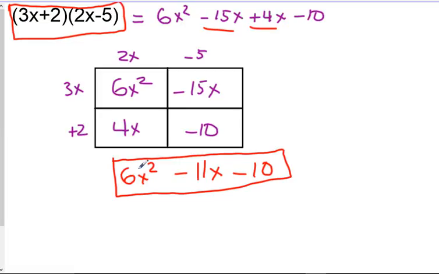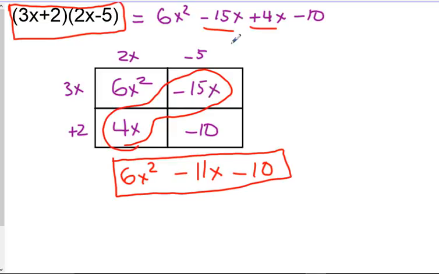And so I want us to notice a couple of things about this trinomial and this box. First of all, this negative 11x is the sum of these two terms. If I add 4x and negative 15x together, I get negative 11x.